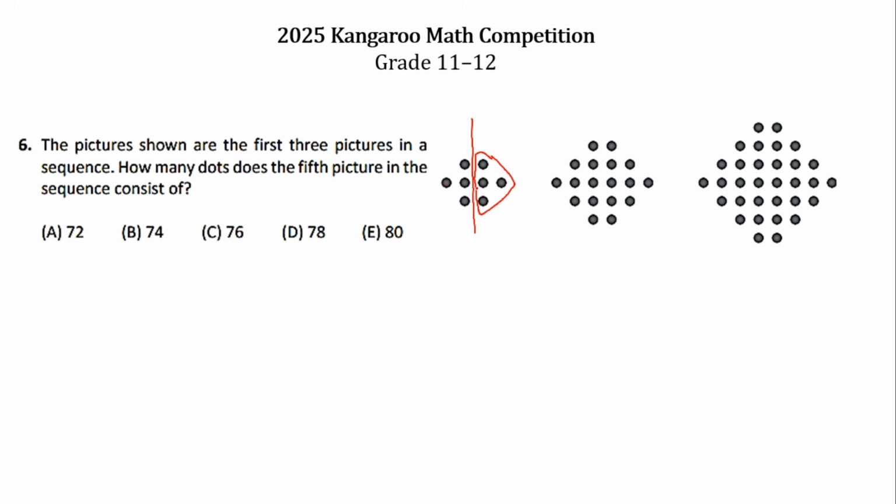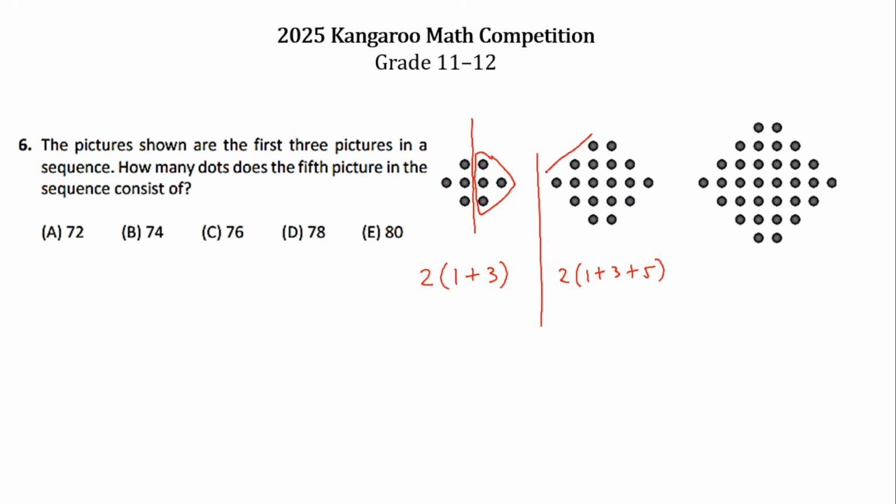So we can just count the number of dots in the left side and just multiply it by 2 to get the total number of dots. Okay, so for figure 1, notice that the number of dots is 2 times 1 plus 3. For the next figure, notice that we have 2 times 1 plus 3 plus 5.